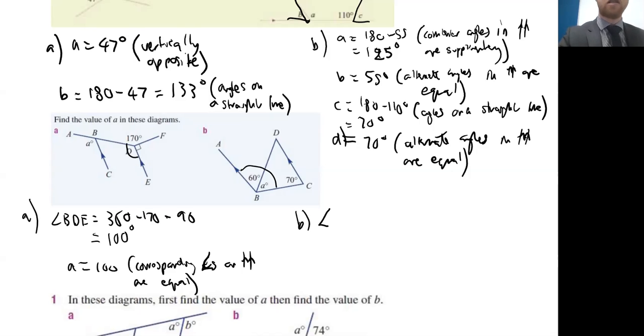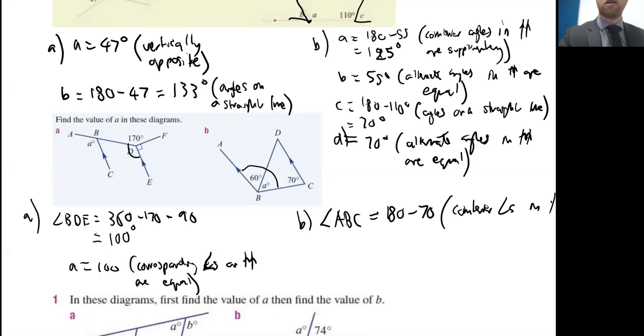So I can write in my reasoning, angle ABC, make sure you label it correctly in your working, equals 180 minus 70. And the reason is co-interior angles in parallel lines are supplementary.